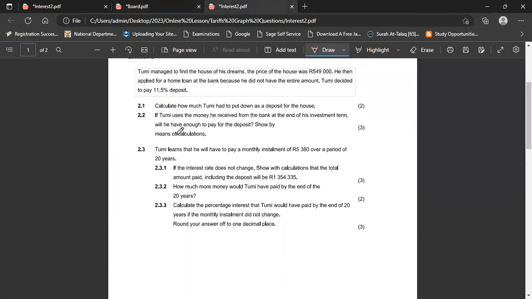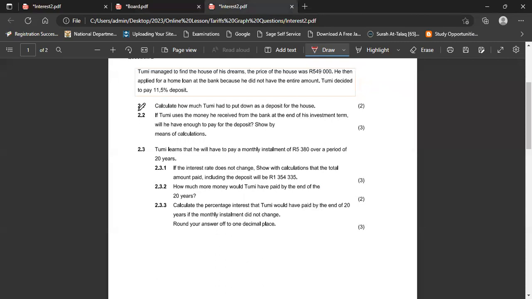Tumi, the same person, managed to find the house of his dreams. The price of the house was 549,000. He then applied for a home loan at the bank because he did not have the entire amount. He decided to pay 11.5% deposit.